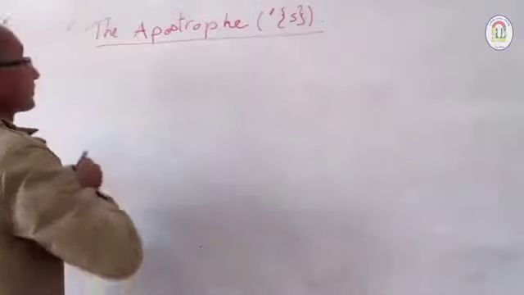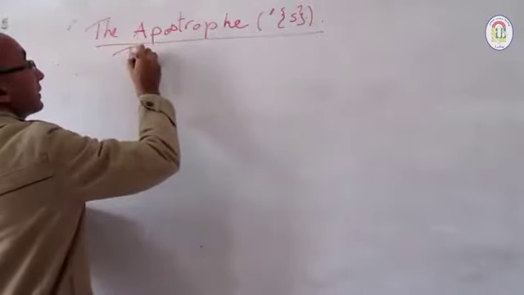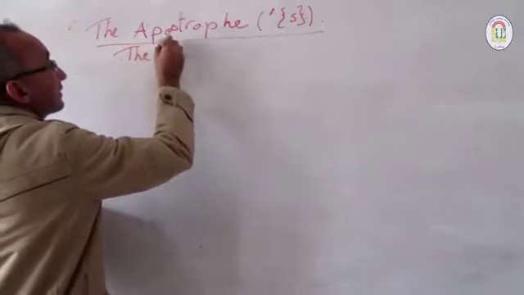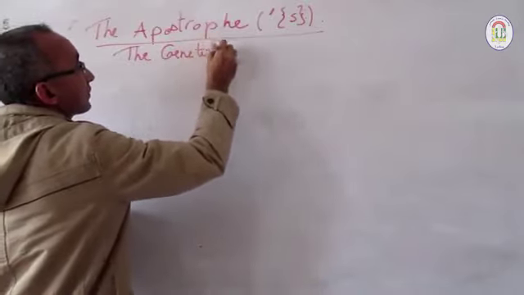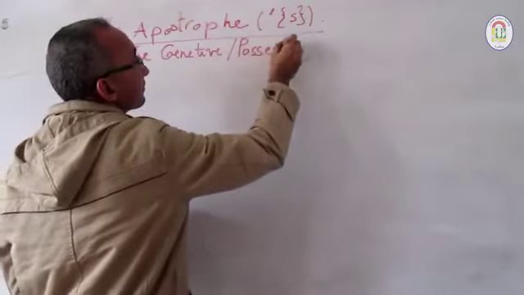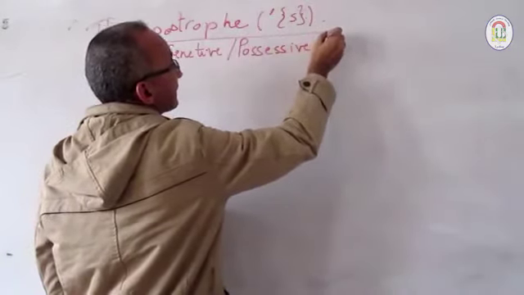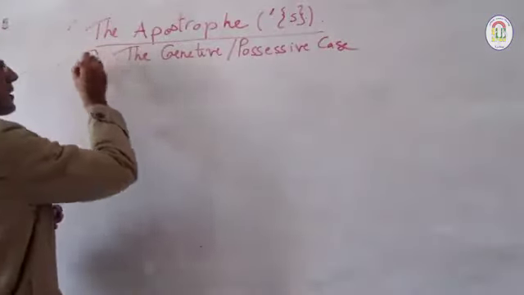Alright, so we write here the genitive or possessive case. And this is in fact the first use of the apostrophe.